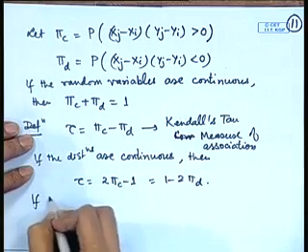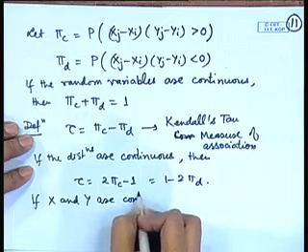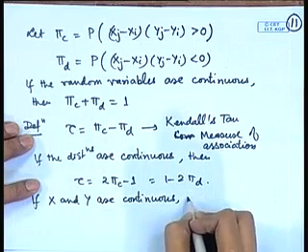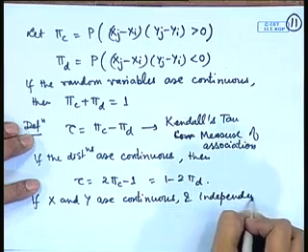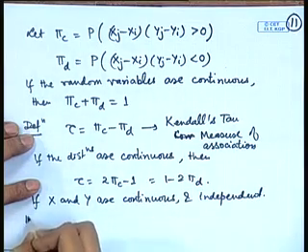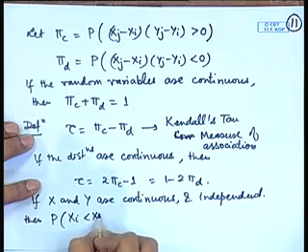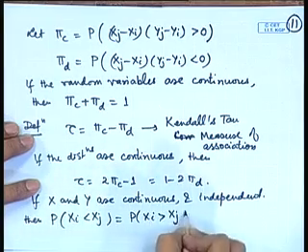Now, if x and y are continuous and independent, then by symmetry you must have probability of xi less than xj is equal to probability of xi greater than xj, that is equal to half.